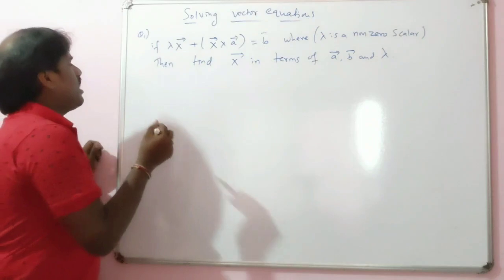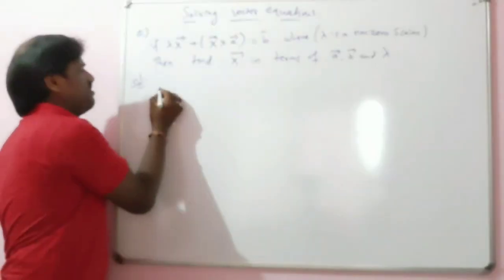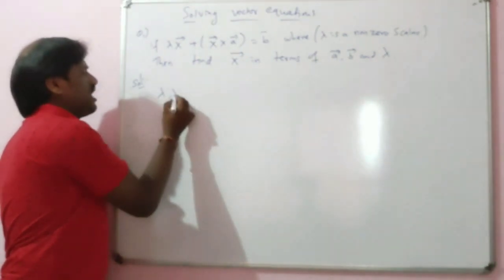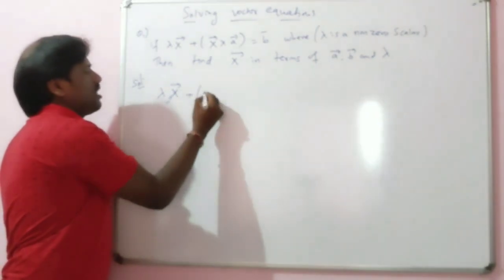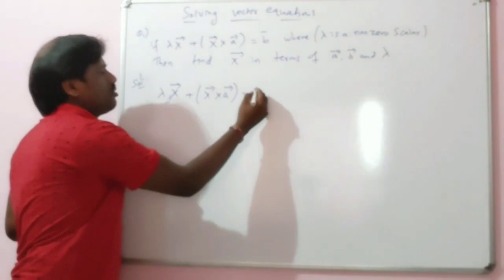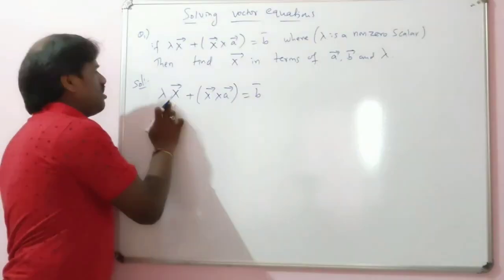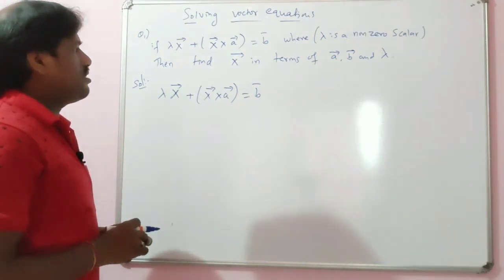It's the same like that. We have to express x vector in terms of other vectors. So let us take the given equation: lambda times x vector plus x vector cross a vector is equal to b vector. So this is what they gave.